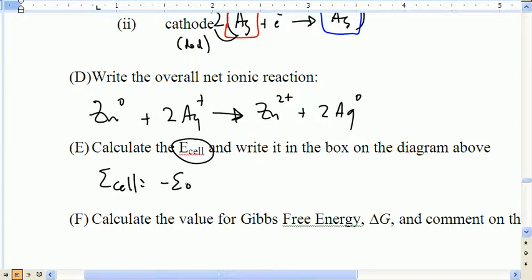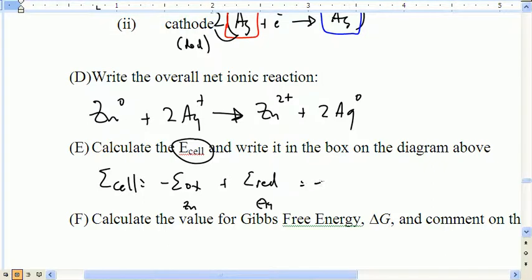So that's negative Eox plus E reduced. And the one who's oxidized is Zn, and the one who's reduced is Ag. So that's going to be... Ooh, I never did this problem on your key. Sorry. So here we go.